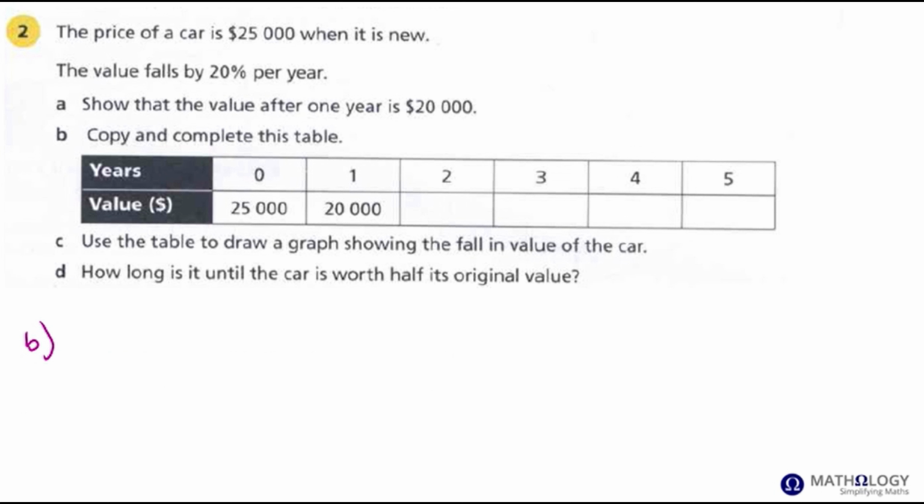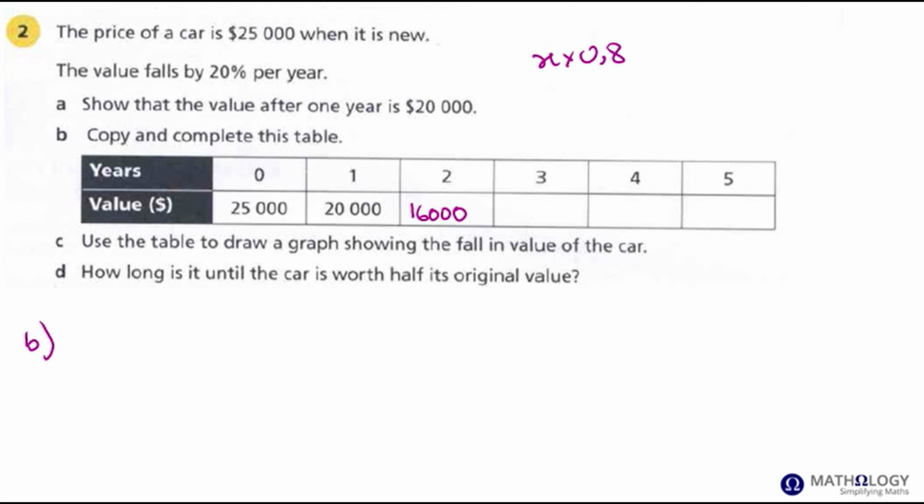Then instead of doing the first method, we're just going to take 80% of each value for year 2, year 3, year 4, year 5. So basically we're taking X times 0.8, where X represents every entry, the value of the car after every year. So 20,000 times 80% is 16,000.